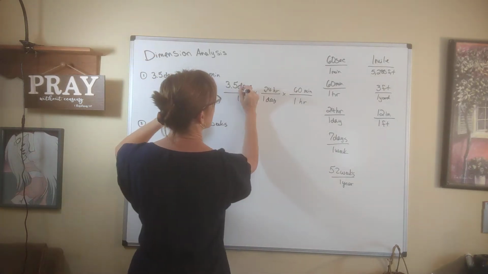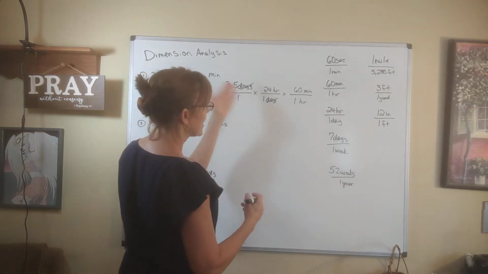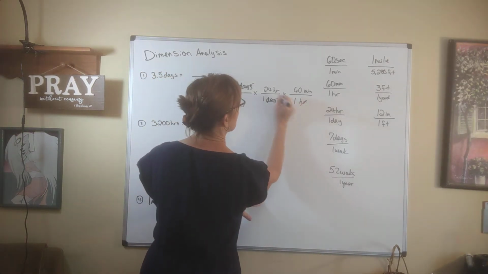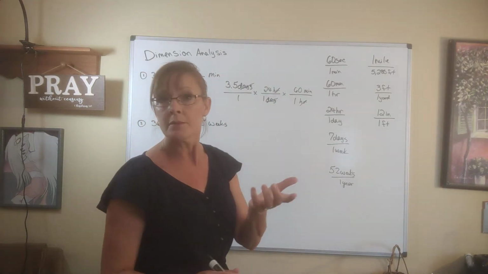If I write days, I will divide into day, just like that was a variable, and those cancel out. Hour will divide into hour, and those cancel out. They divide into each other, giving you a 1 basically.